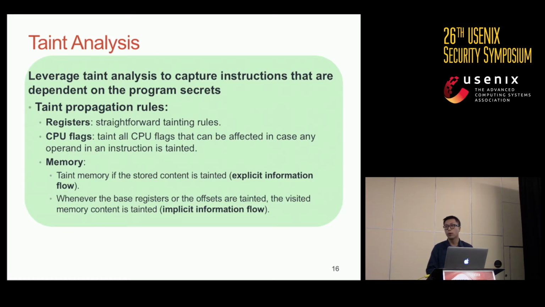And for the memory, we handle both explicit and implicit information flow tracking. As for the implicit information flow, whenever the base register or some memory offset is tainted, we will propagate the information flow to the loaded memory content.